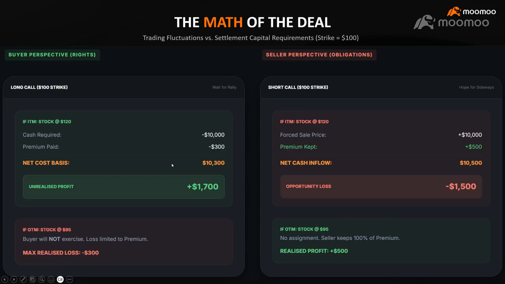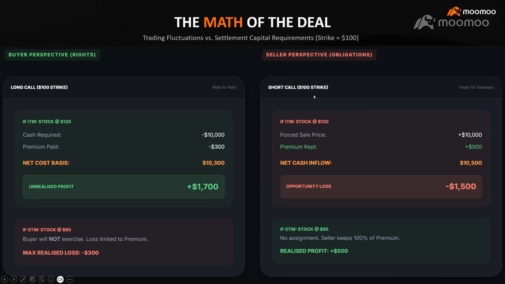Just remember the directions: if you're long a call, you're expecting the price to go up. But if you are shorting the call, you are expecting the price won't go above $100. You might think, why would I do a short call when I can do a long call?